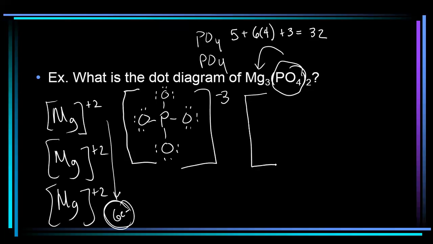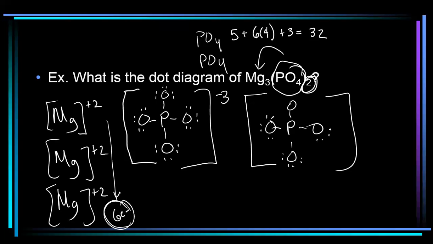And guess what we're going to have to draw again? You can't just put a little subscript at the bottom. Where did you get this from? Oh, it's because it's already on the, right? But 3 magnesiums will give you 6 electrons.